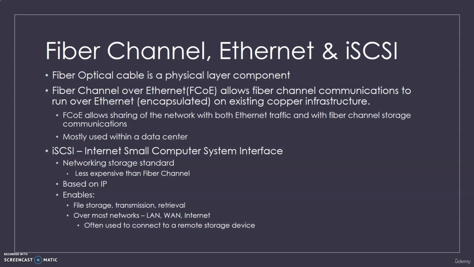But can I use a converter so I can take my Fibre Channel traffic and run it over the Ethernet cable, which of course is running over, say, existing copper infrastructure? So instead of having to invest in fiber, I can use the copper infrastructure we already have, and we just encapsulate the Fibre Channel communication within the Ethernet packet.